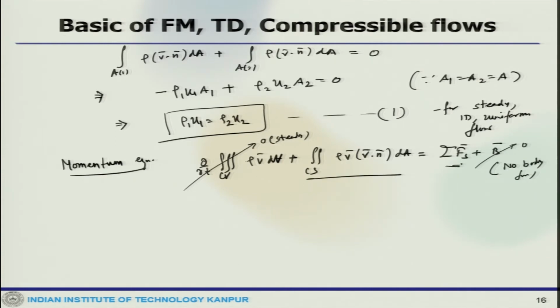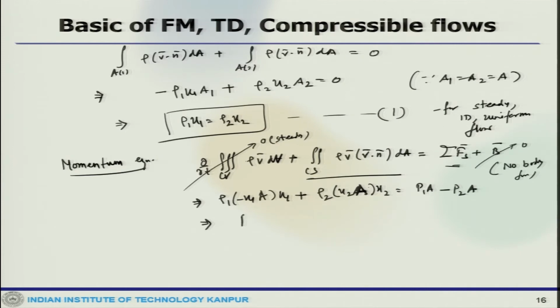So, we get this equal to the sum of the surface forces. Similarly, we will write minus rho 1 u 1 A 1 u 1 plus rho 2 u 2 A 2 u 2 equals p 1 A minus p 2 A. Let us replace A 1 as A and A 2 as A, so they become consistent.